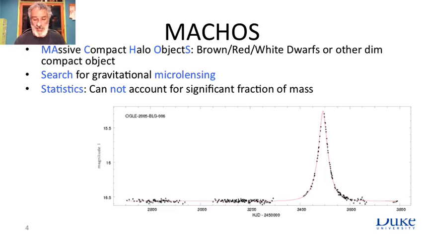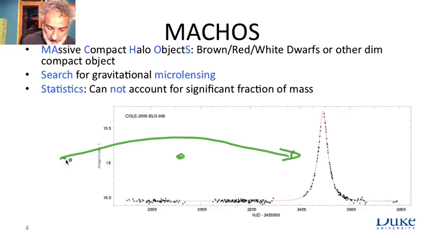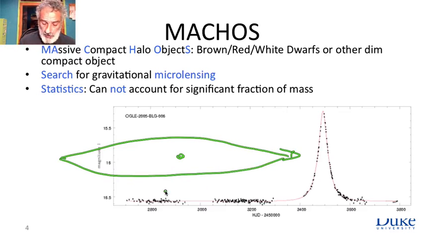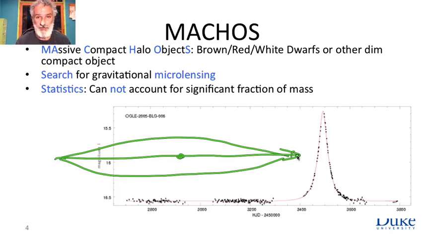And when you have a massive object in between the star and the Earth, the gravitational deflection of light will cause a focusing effect, so that all of the starlight that would have gone in to some angle surrounding the direct line between the star and Earth will in fact be focused by this gravitational lens, and the star will appear brighter.